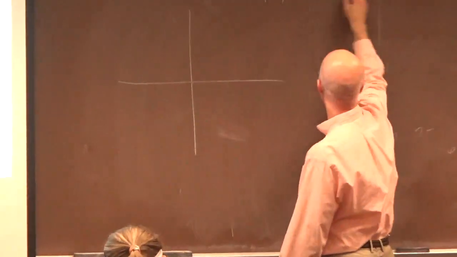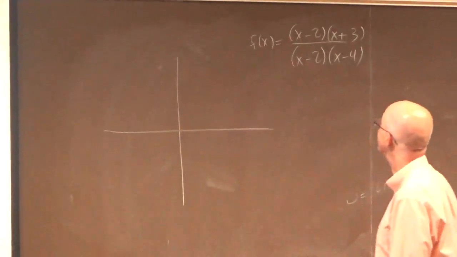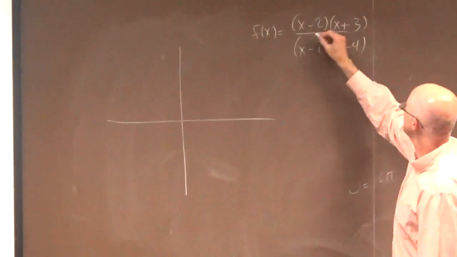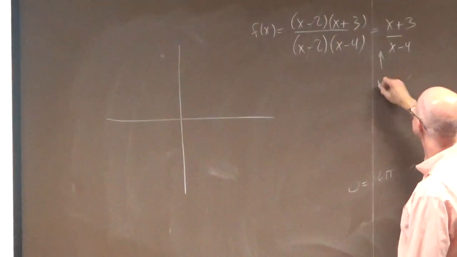Let's go ahead and already have these in factored form, so just like that. You can cancel the x minus 2's to get this, as long as x is not 2.